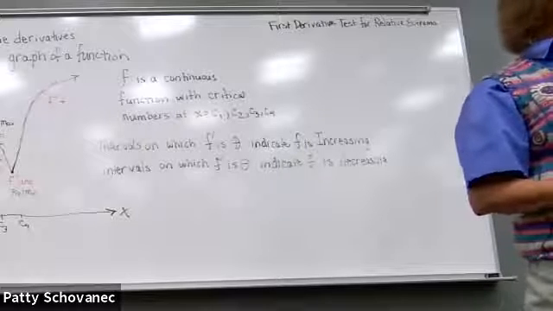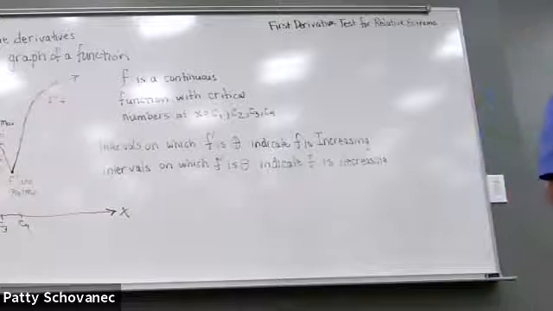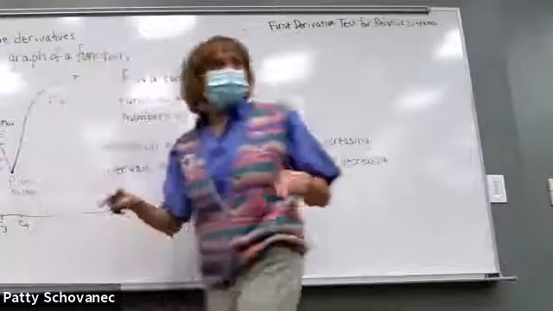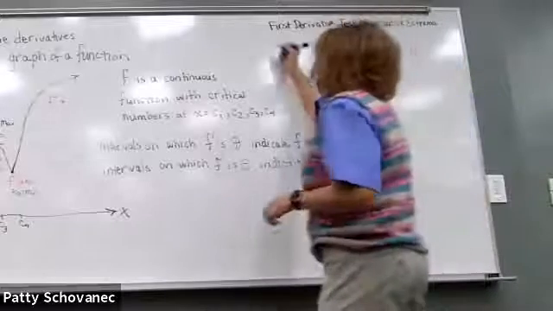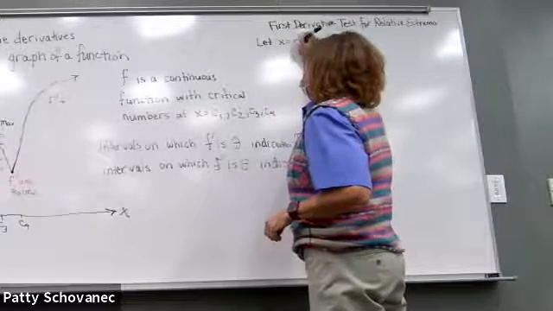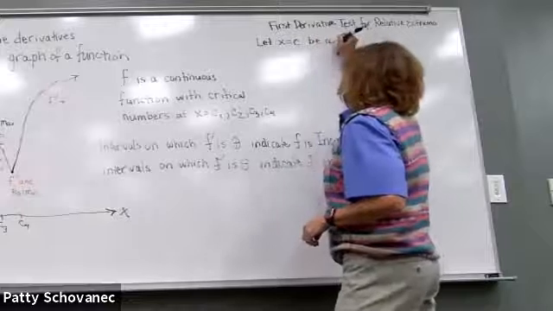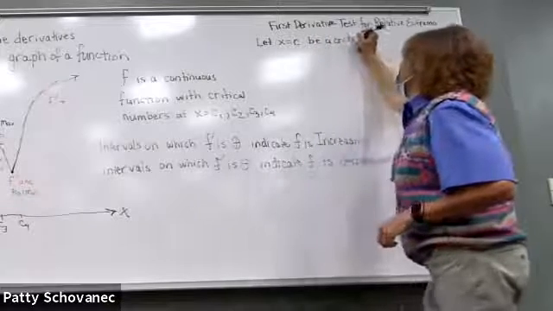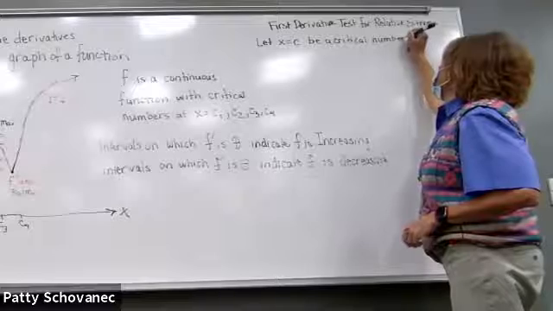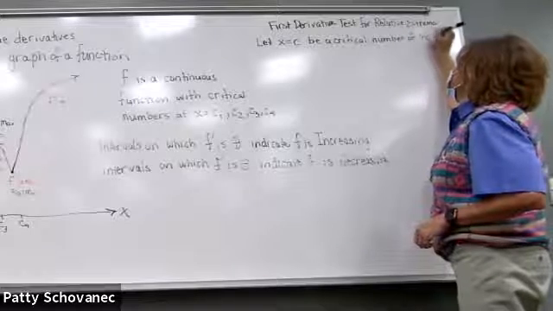So when we go hunting for these relative extreme values, we take the derivative and find where the derivative is 0 or where the derivative fails to exist. Those are the critical numbers. Let x is equal to c be a critical number of f of x.